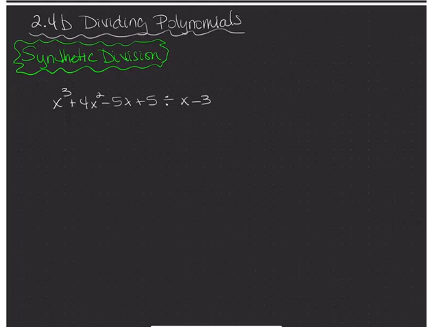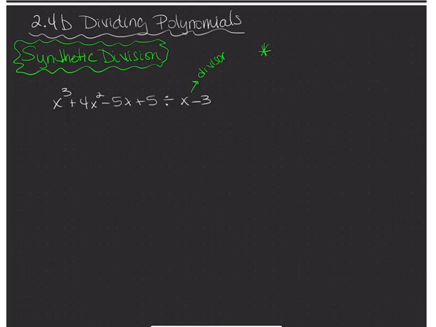There are some limitations when it comes to dividing polynomials, and that limitation is what we are dividing by. Recall this piece that we are dividing by is called our divisor, and I'm going to put a little asterisk over here.